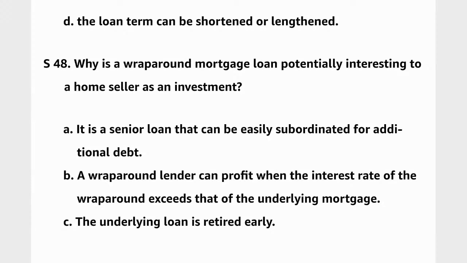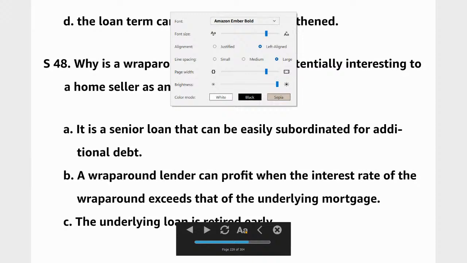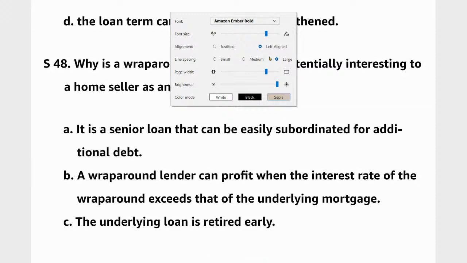A, it is a senior loan that can be easily subordinated for additional debt. B, a wraparound lender can profit from when the interest rate of the wraparound exceeds that of the underlying mortgage.